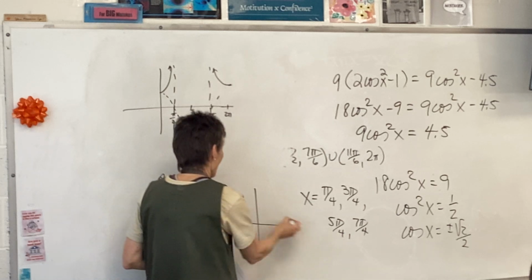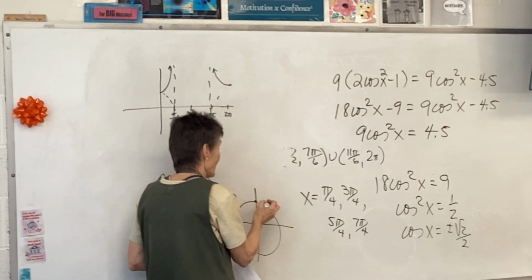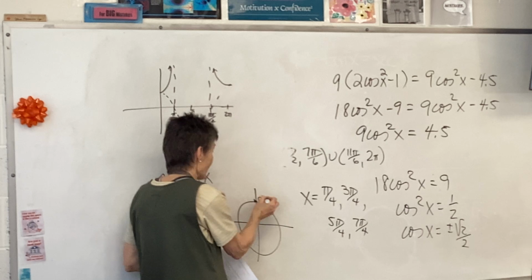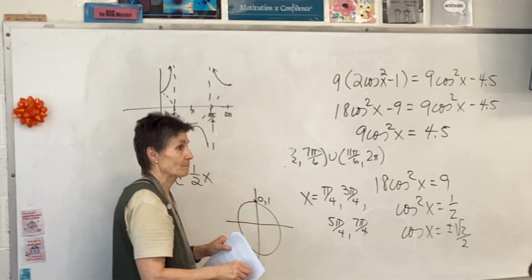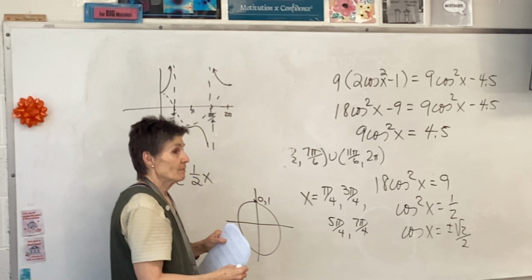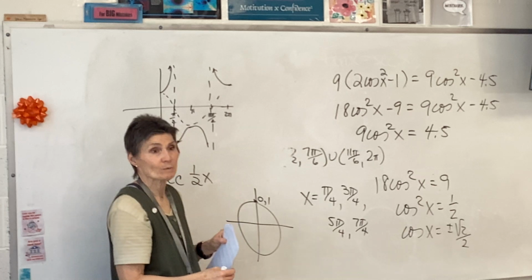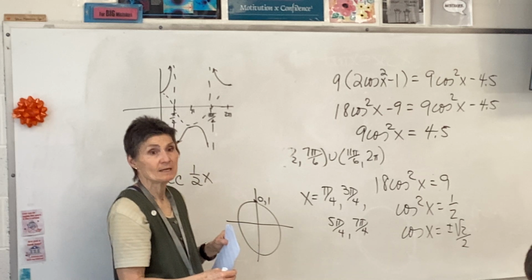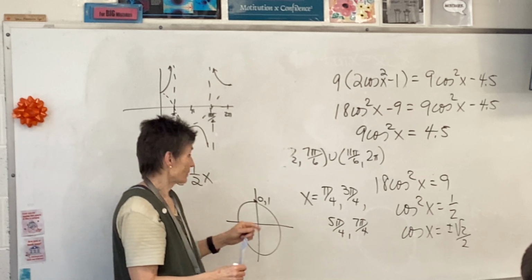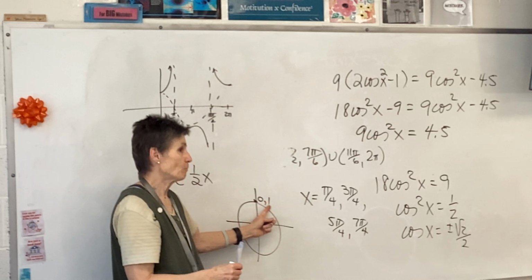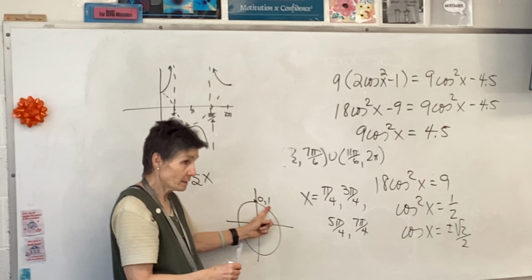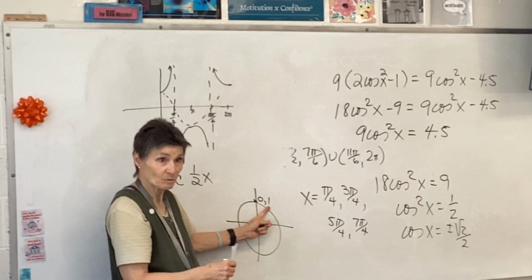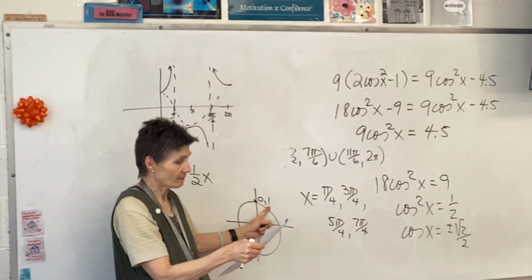We're talking about being undefined at pi over 2. That is the point. The cosecant is the reciprocal of the sine. Is 1 over 1 undefined? No, that's fine, right? That's 1. So it's not cosecant.